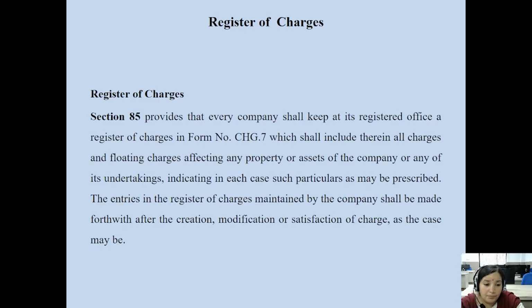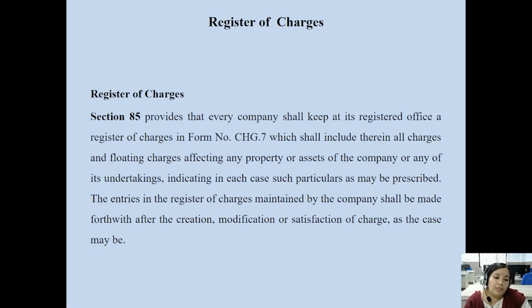So you have to make a record including all charges, whether fixed by nature or floating charges, that affect your assets, property, or undertakings of the company, or any such particulars as prescribed for the purposes of the registration of charges. The register of charges has to be maintained and kept in accordance with form number CHG 7.